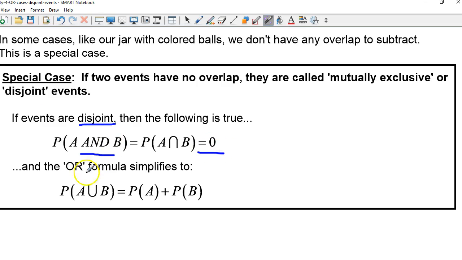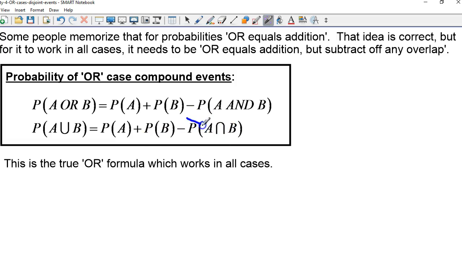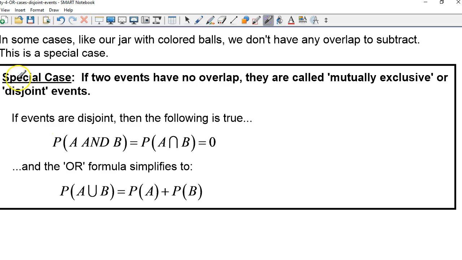And that means that the OR formula simplifies, because if I go back to the OR formula, if this probability out here is 0, it means we have a simpler version of the OR formula that just adds the two probabilities and doesn't have to subtract anything. So in the event that events are disjoint, the probability of A and B is 0, and that means we have a simpler version of the OR formula.